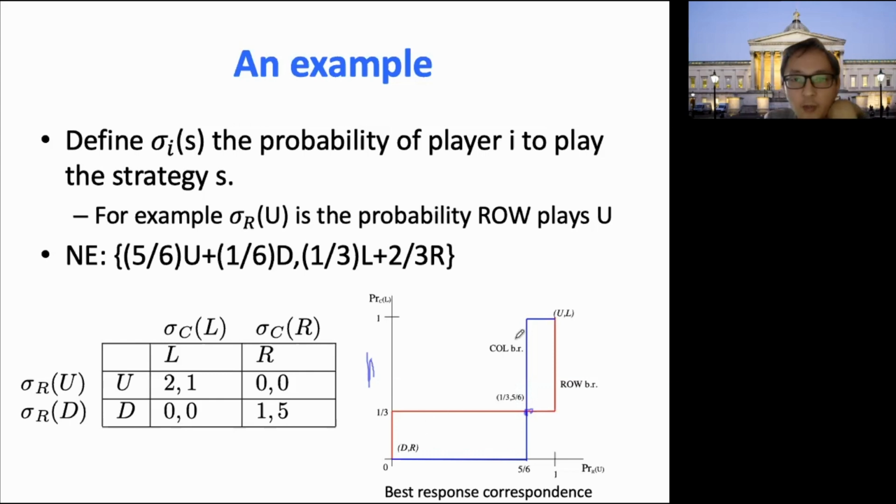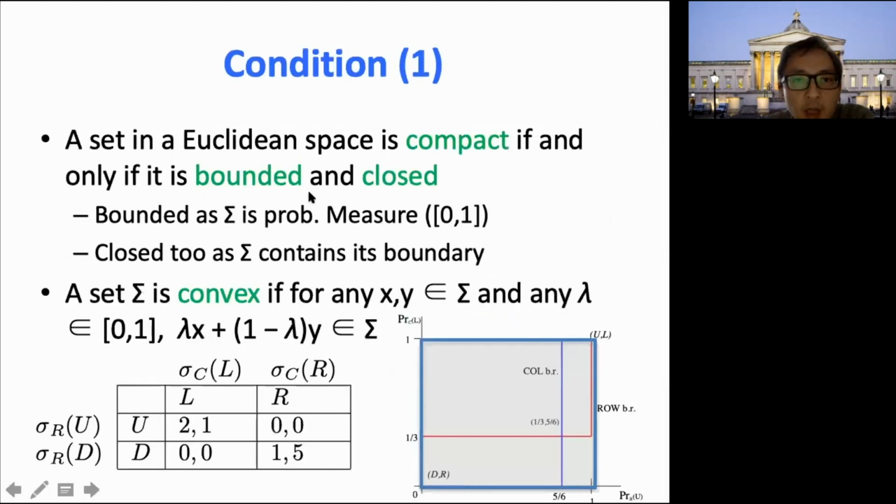So this is the best response curve, and the set space here you can consider simply as capital sigma. It's easy to see that this set is compact, that is, bounded and closed.